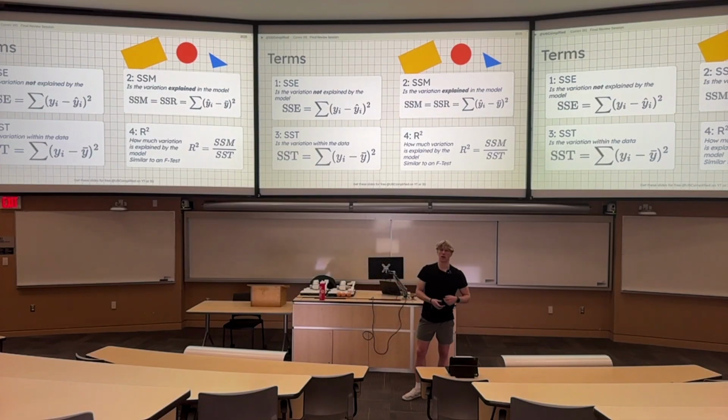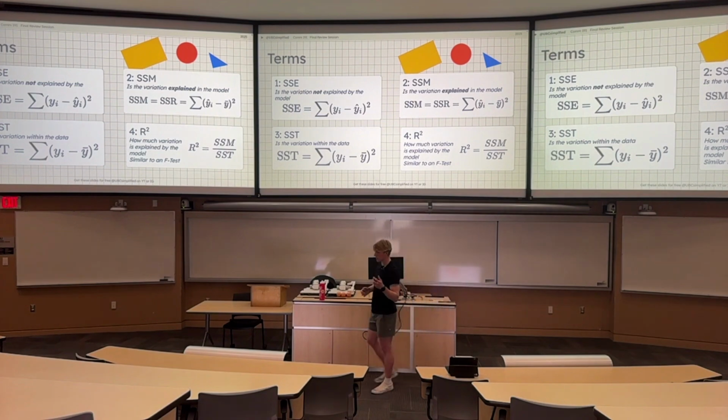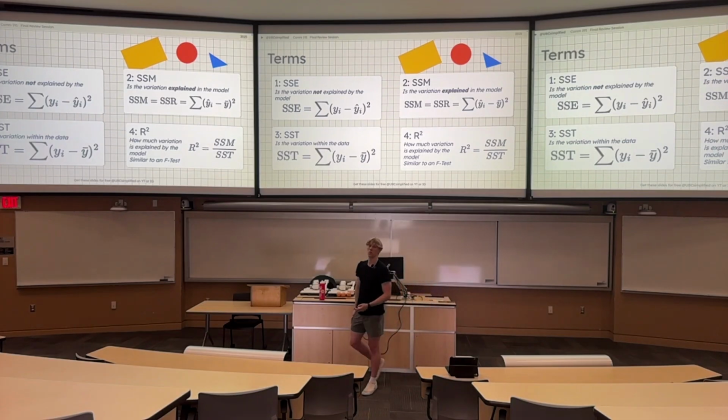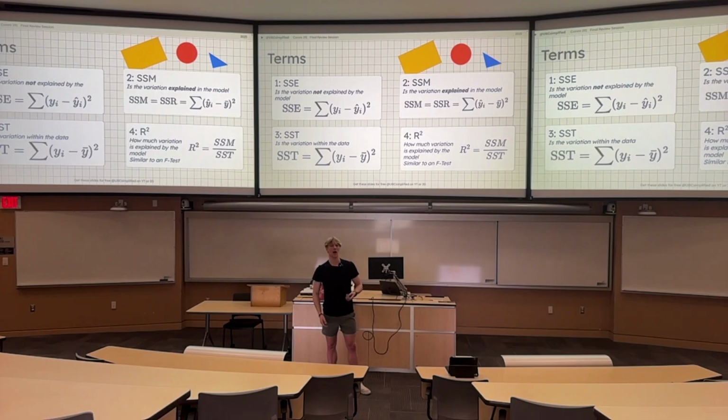So the closer the sum of squared model is to the SST, the smaller SSE is, which means that more variation is being explained by the model, which for the most part means that our model is better. That's what actually makes a higher r squared value good.